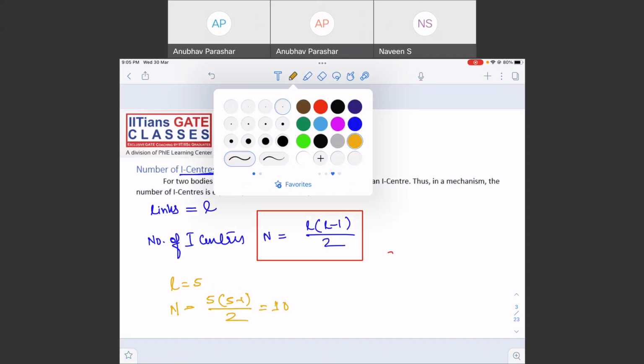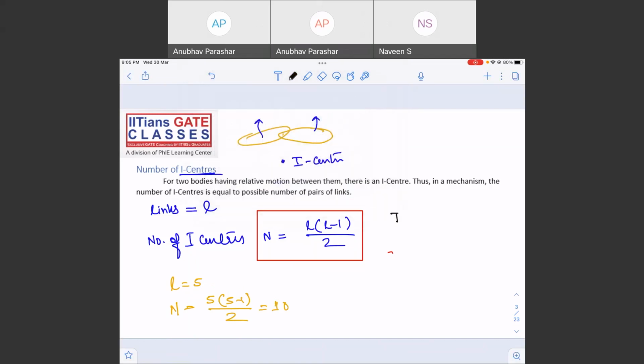Let me try to find out what those I centers are. Let me say the links are 1, 2, 3, 4, 5. These are the 5 links. So what are the I centers? I12, I13, I14, I15, I23, I24, I25, I34, I35, I45.